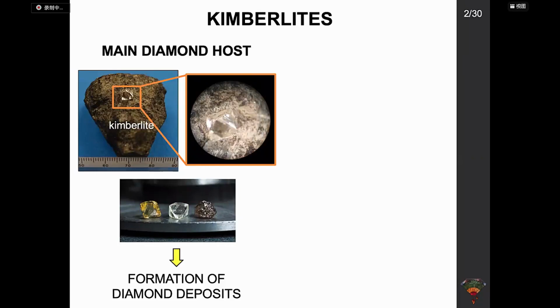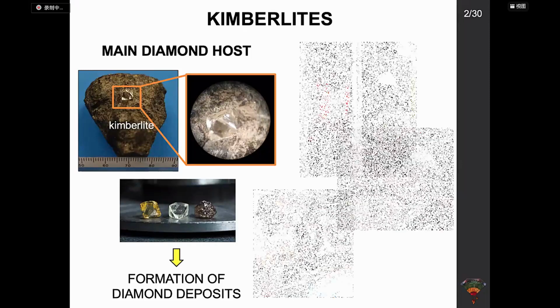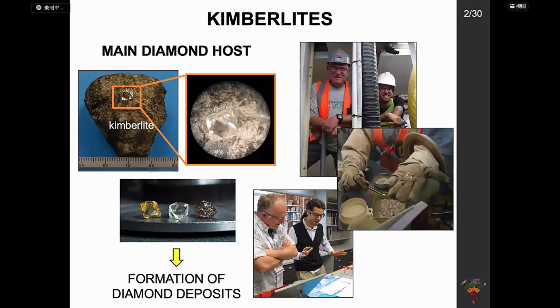So I guess the main reason why most of you might know kimberlites is because they are the main host of terrestrial diamonds, with all the major diamond mines essentially being hosted in kimberlites, so primary kimberlite deposits. And while you might think diamonds are just well-marketed pieces of carbon, as I also partly do think, actually, when you are staring at large quantities of diamonds sitting all together, that's pretty exciting.